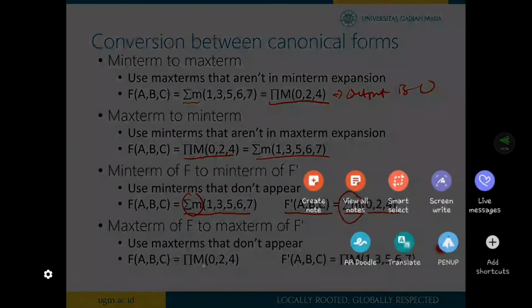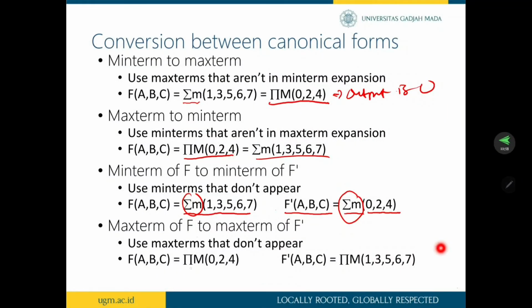So if we have the product of sum 0, 2, and 4, the complement of F is max theorem 1, 3, 5, 6, and 7, because these don't appear in the F function.